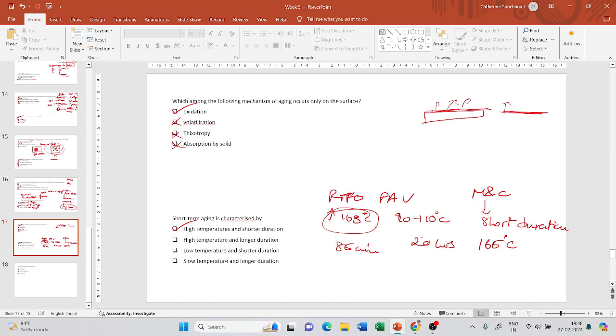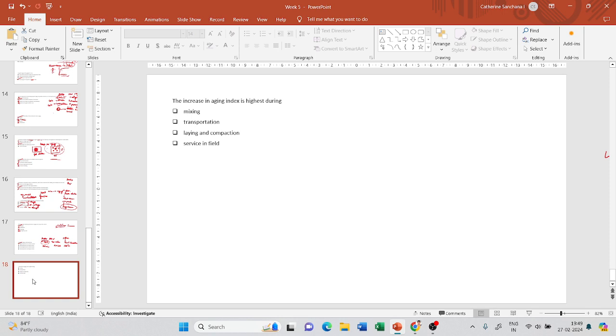Okay, so it is very less compared to the long term aging which happens in the field, and also the duration of long term aging is very long, right? Because it happens during the service, right? So it is characterized by higher temperatures and shorter duration.